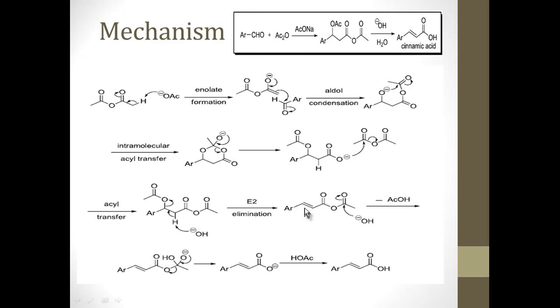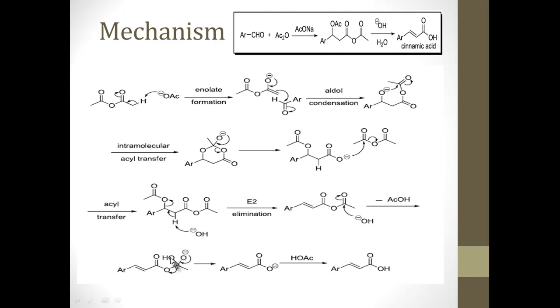Next, what is happening? One AcOH will be eliminated. How will it eliminate? This bond electron will be taken up by this oxygen. OH will attach here. So ultimately we are getting this one.